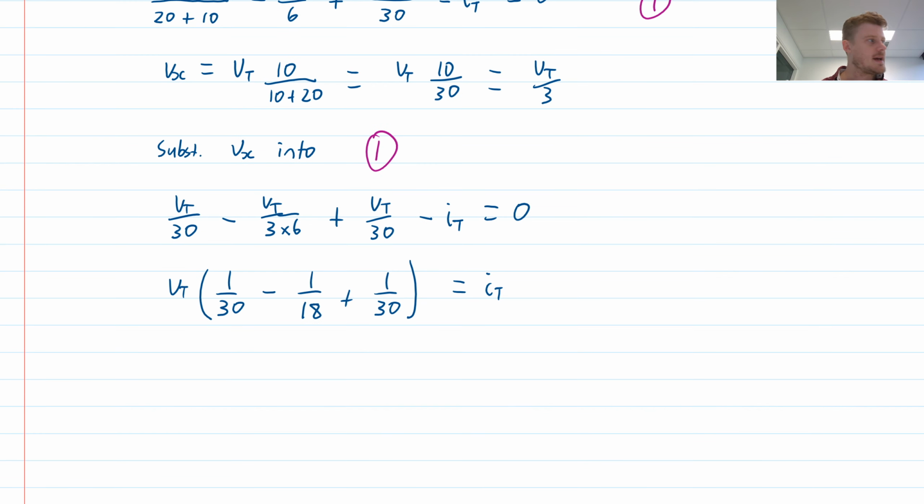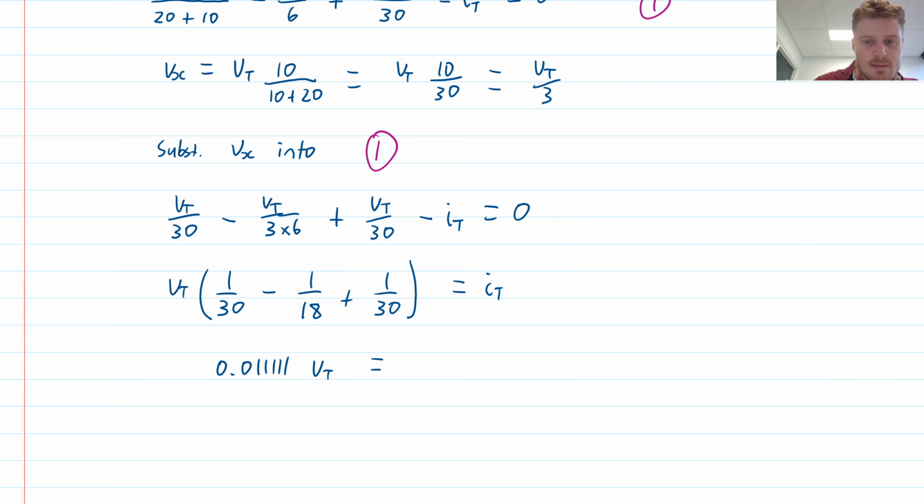Now we just get out our calculator and we analyze that the term here in parentheses, so 1 over 30 minus 1 over 18 plus 1 over 30, is 0.01111 recurring decimal.